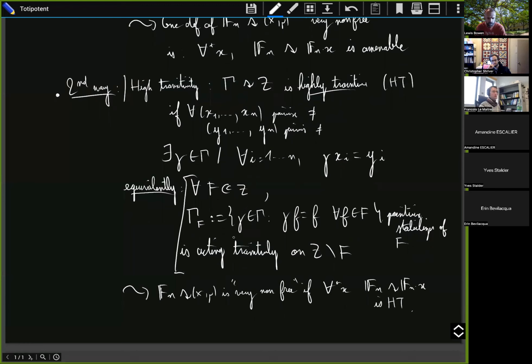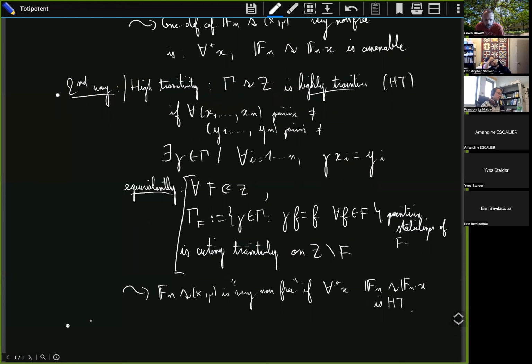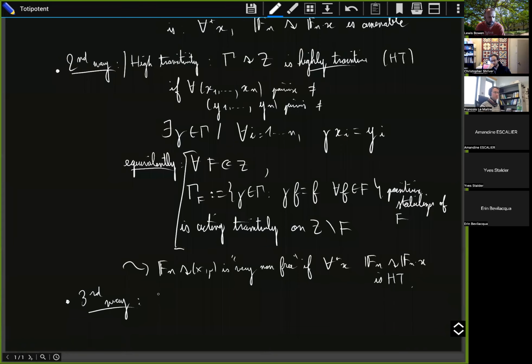These two notions are purely in terms of the action on each orbit separately. So now I want to tell you about a third way, which this time is a measure theoretic notion. I mean, it's a notion of measure preserving actions.